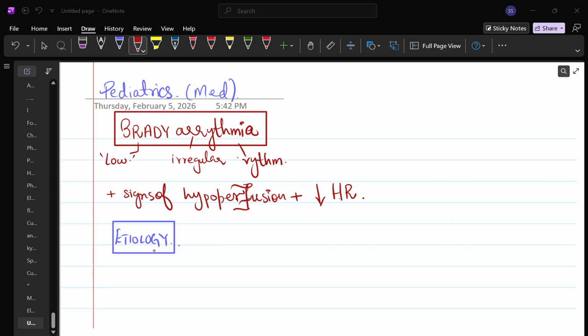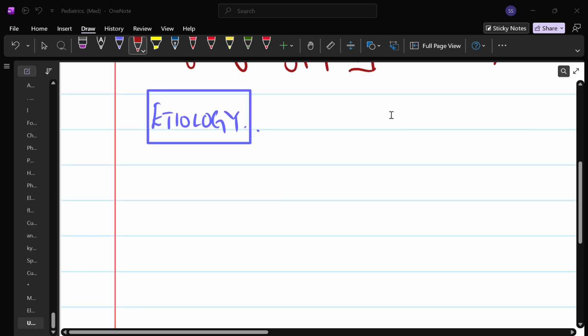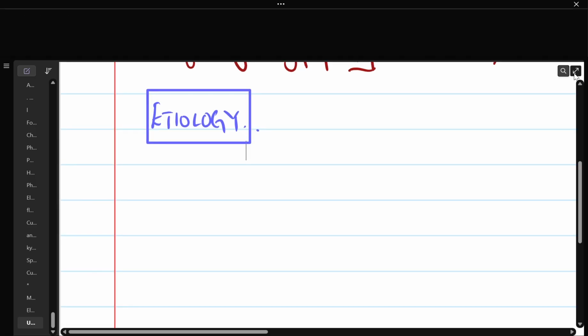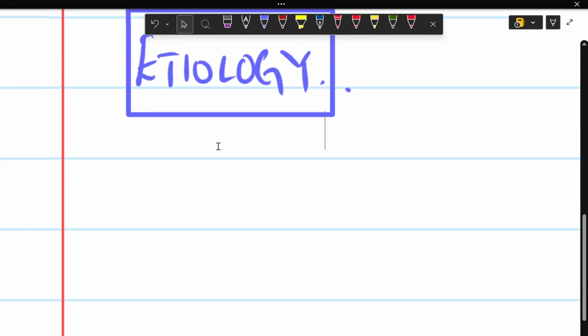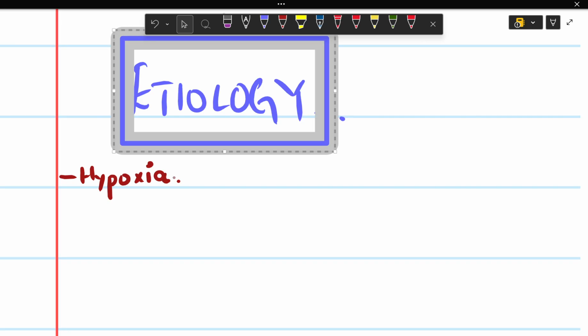A child may have hypoxia. Hypoxia means low oxygen count, low oxygen saturation. Hypo means low and oxia means oxygen.